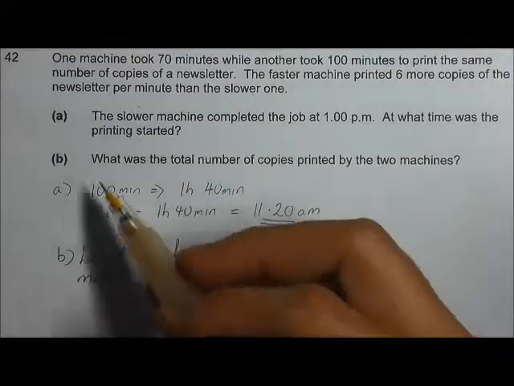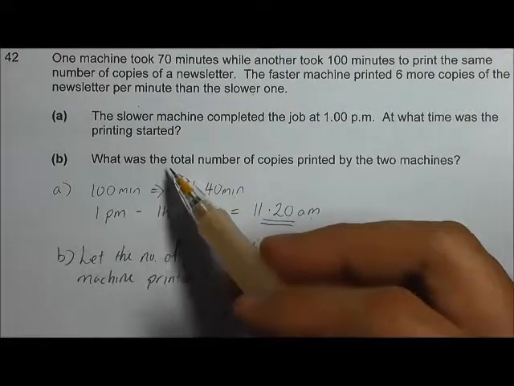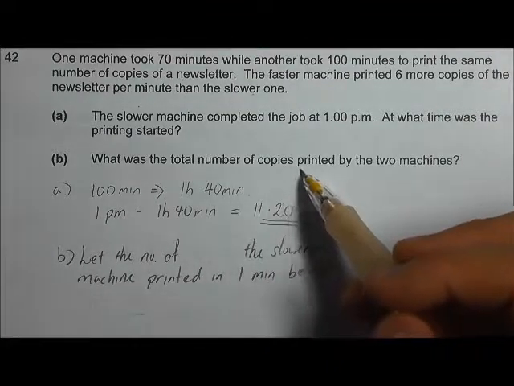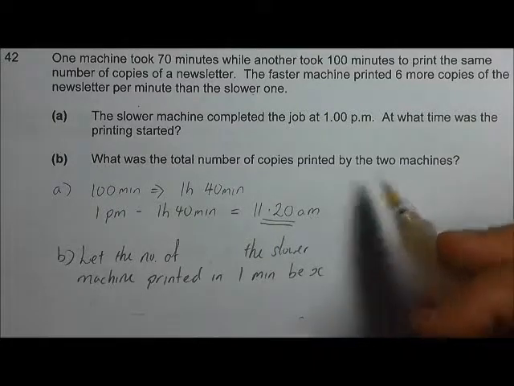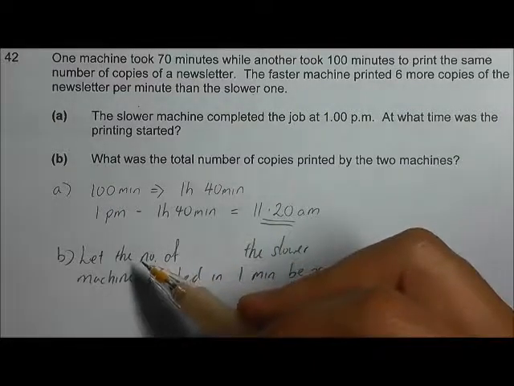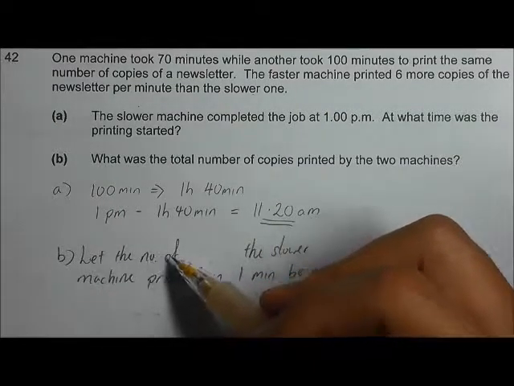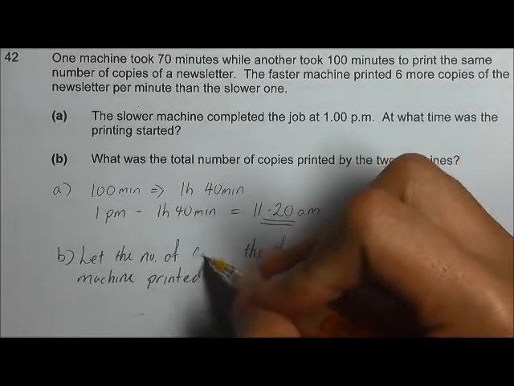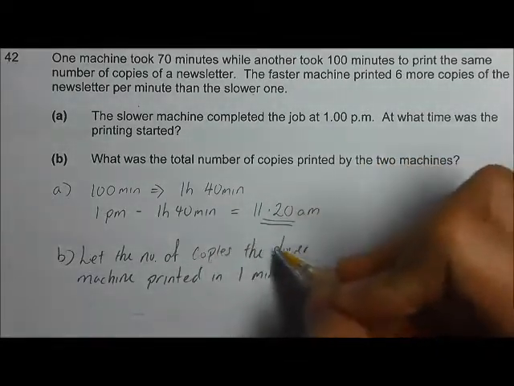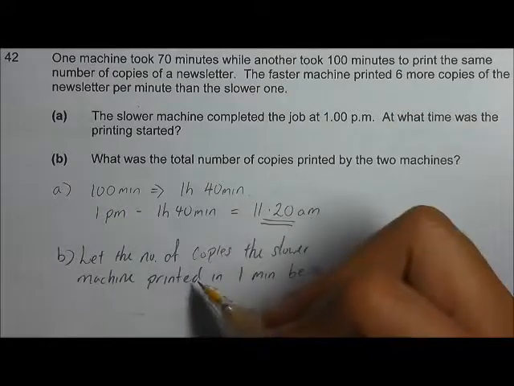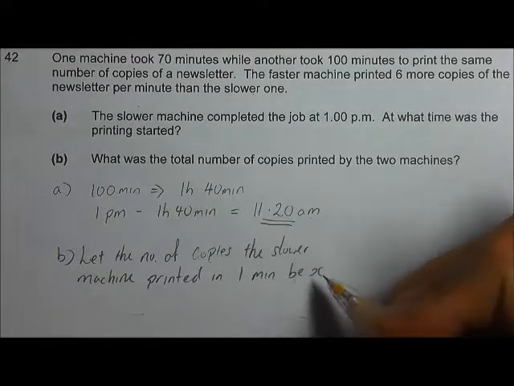Okay, so now we move on to part B. What is the total number of copies printed by the two machines? Okay, so what we need to do here, we can use algebra. So we let the number of copies that the slower machine printed in 1 minute be x.